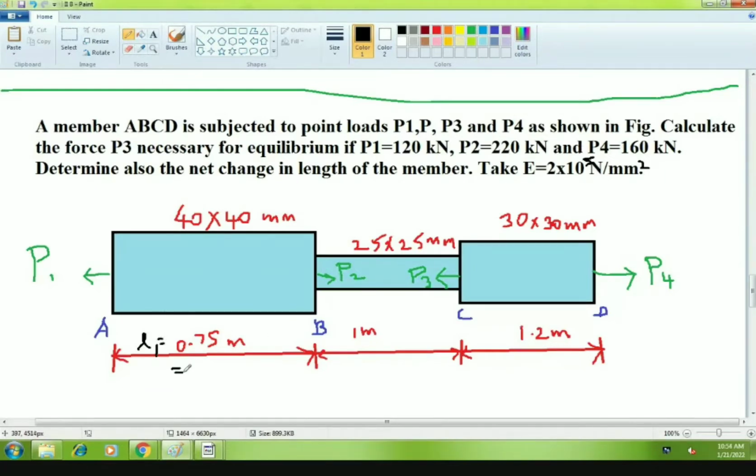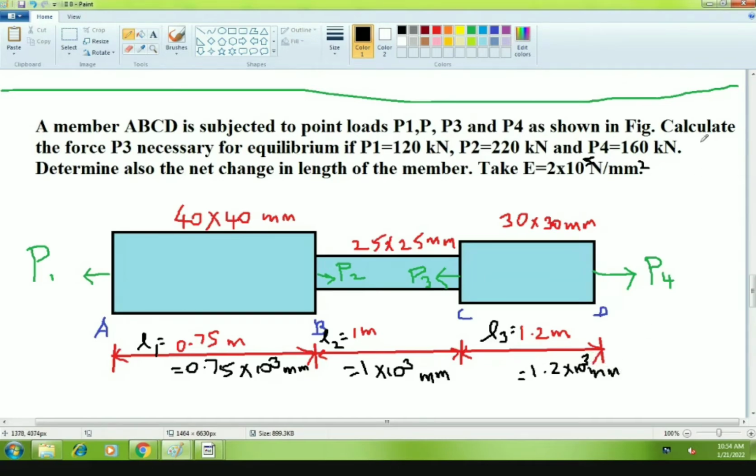L1 is 0.75 into 10 to the power 3 mm, because 1000 mm equal to 1 meter. L2 is 1 into 10 to the power 3 mm. L3 is 1.2 into 10 to the power 3 mm.